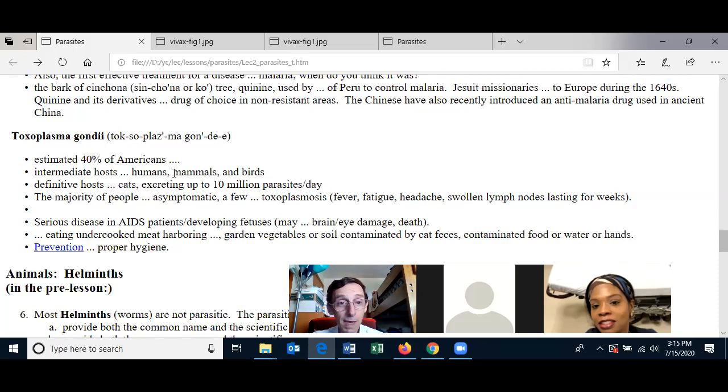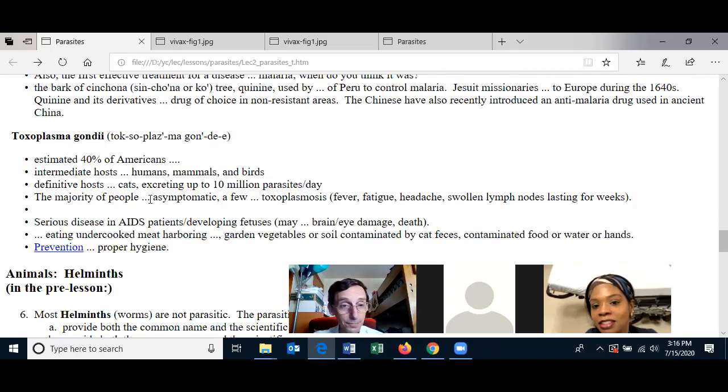And then small mammals and birds can be eaten by a cat, and so then the intermediate host can be picked up by the cat, and then the parasite will find that it's in the definitive host, and it'll reach sexual maturation and the final maturation.